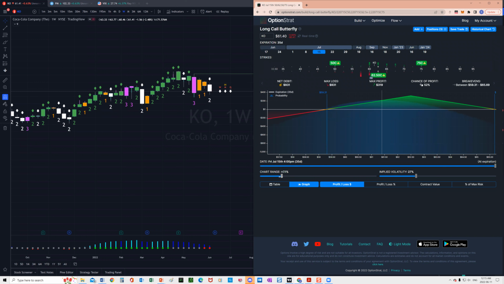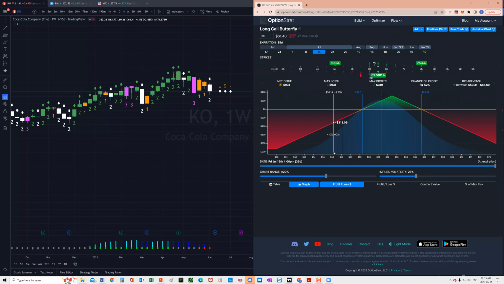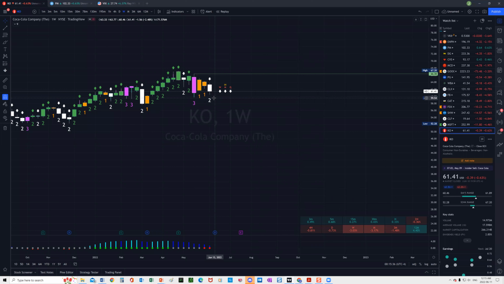The wider the wings, the higher probability of profit, but the less money you're going to make. So think of this as you're shooting at a target that is 50 yards away, 100 yards away, 200 yards away, 300 yards away, 600 yards away, right?